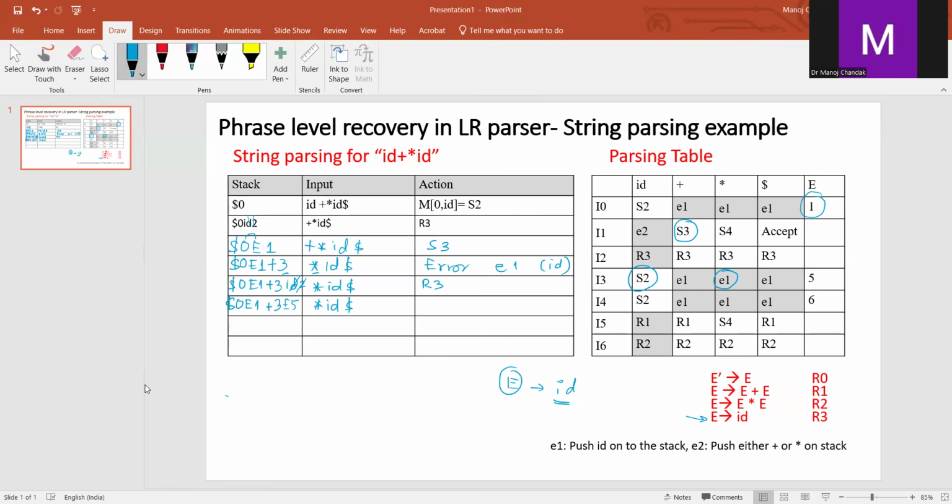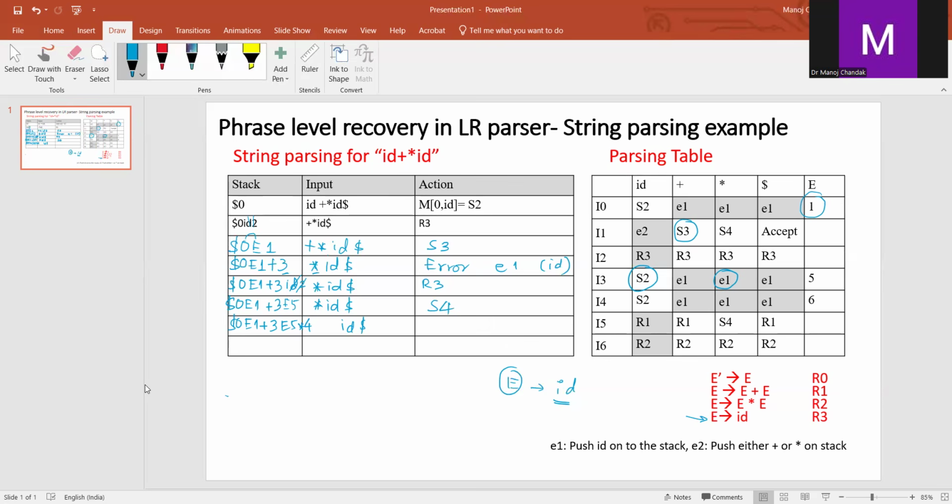So next is 5 on star, and 5 on star is S4. So what will happen here is dollar 0 E 1 plus 3 E 5. Now star is also pushed, and along with star, 4 is also pushed, and in the input we have ID and dollar. This is because shift is S4.